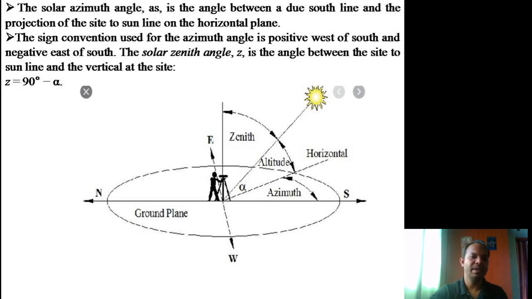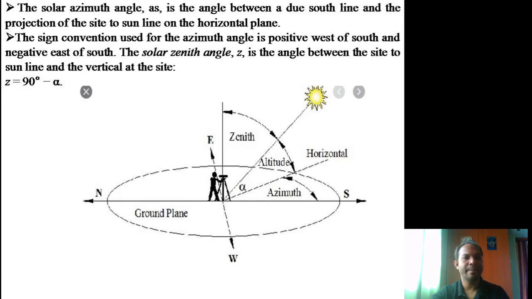If you keep rotating, when the surface is inclined to the west direction, the azimuth angle will be 270 degrees. And then when it comes back to the north, it is once again 0 degrees or 360 degrees. That is the reason why the solar azimuth angle makes a complete turn of 0 to 360 degrees.